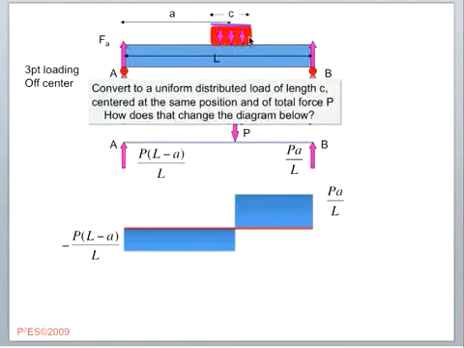For the free body diagram, we can just treat it as a localized force acting at the center, as is shown here. We get the reaction forces, as we've seen before, given here and here.